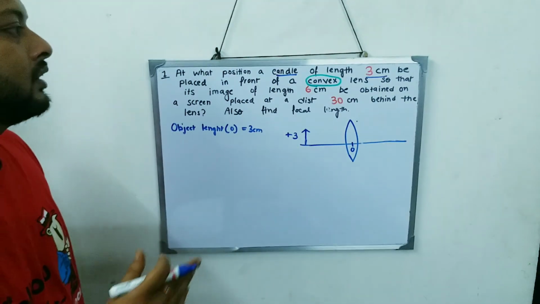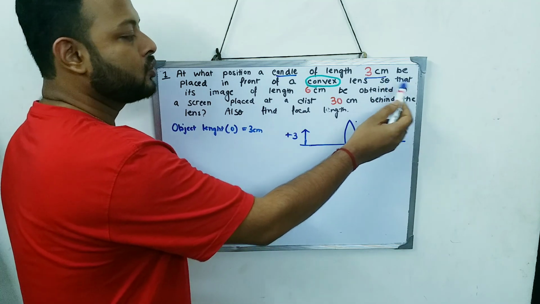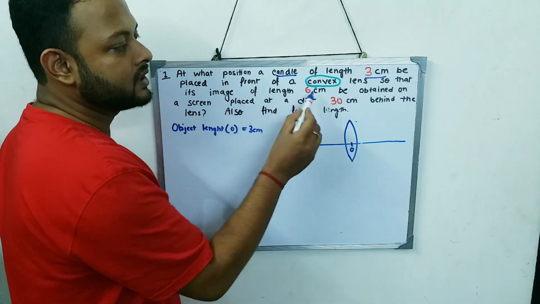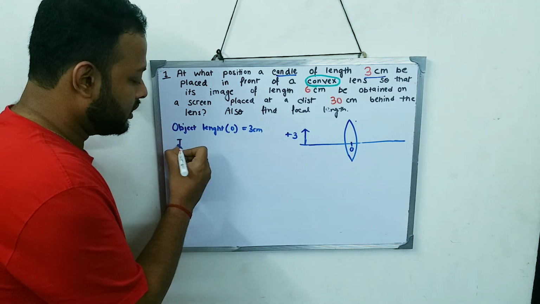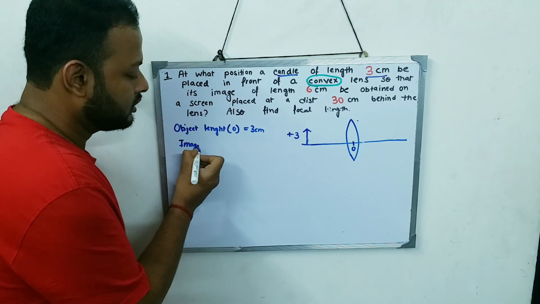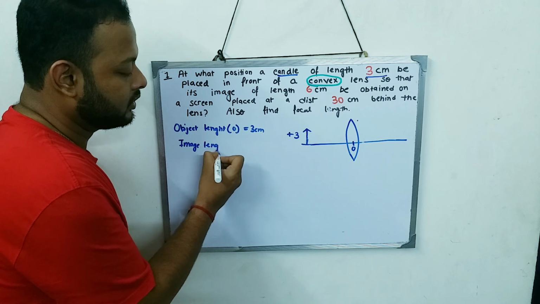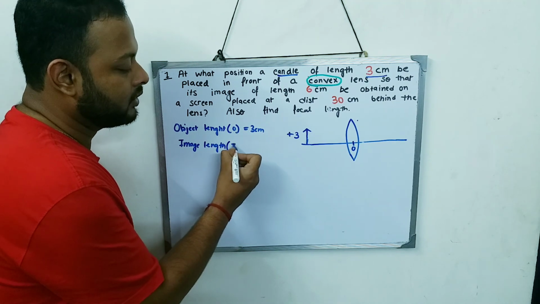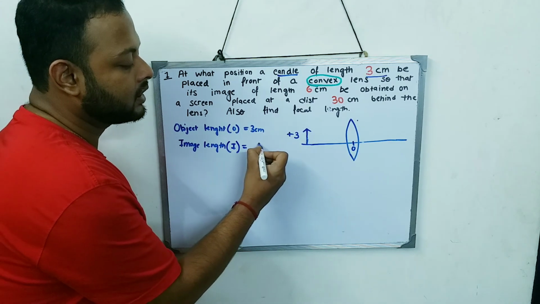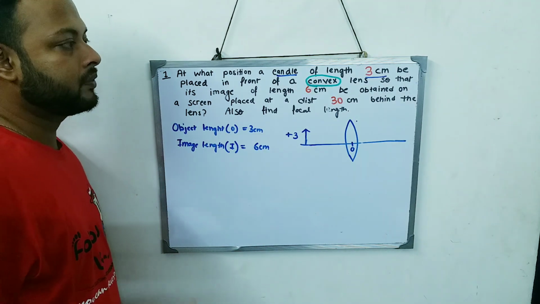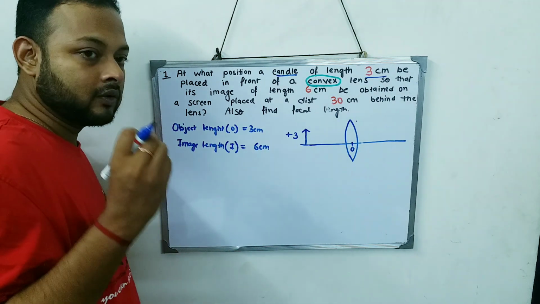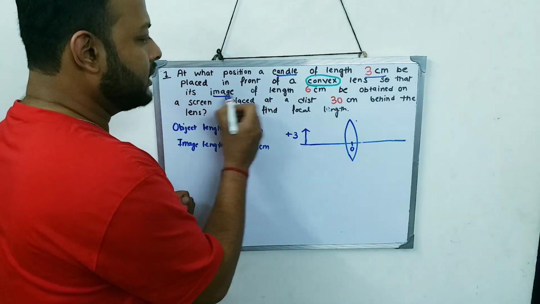Now if you read the next part of the question, that its image is of 6 centimeter. The image length, which we denote by I, is equal to 6 centimeter. Very good. It is obtained on the screen. Now this image is of length 6 centimeter.